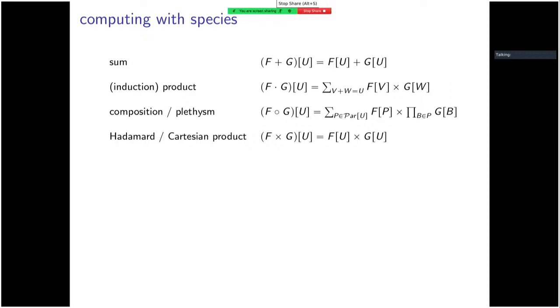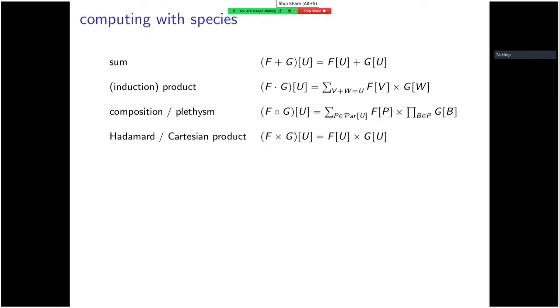And then we take the Cartesian product, or you could say an F times G structure is actually a pair where the first element of the pair is an F structure, the second element of the pair is a G structure, and the total set of labels is just the original set of labels. And we will see later why this is called induction product.